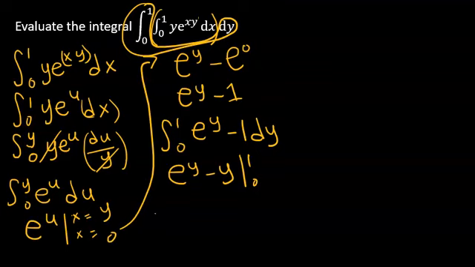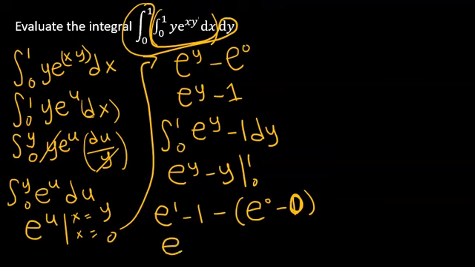Let's go ahead and fill it out. I have e to the 1 minus 1, minus e to the 0 minus 1, minus 0, because it's y. So what does that give me?